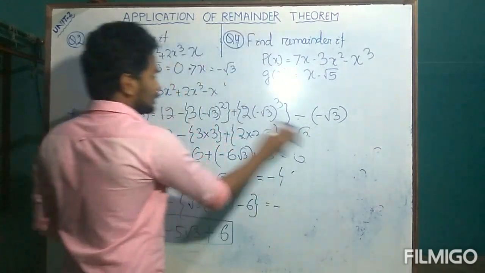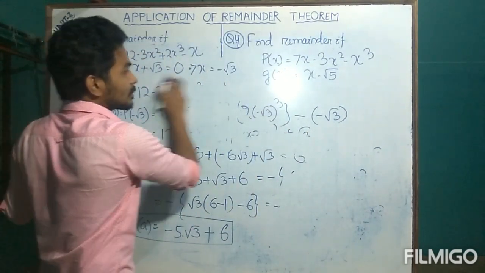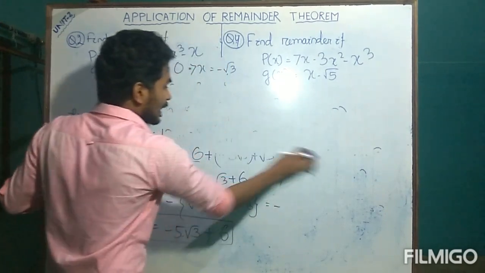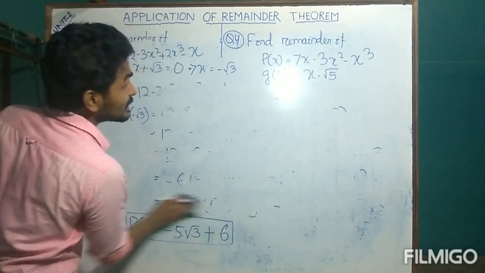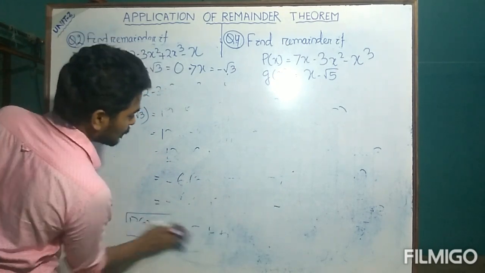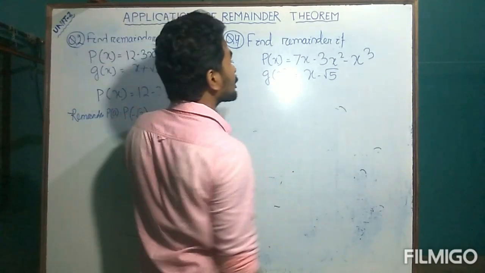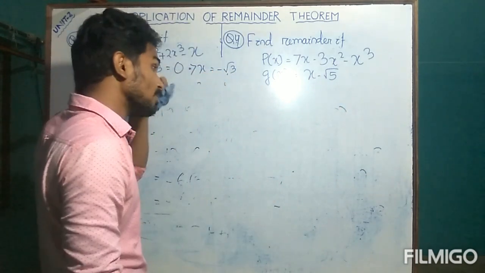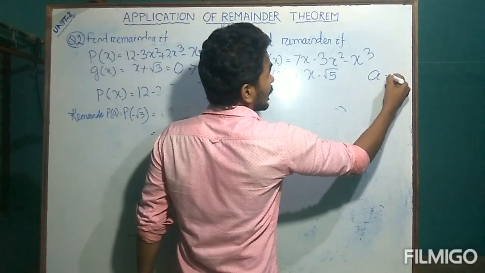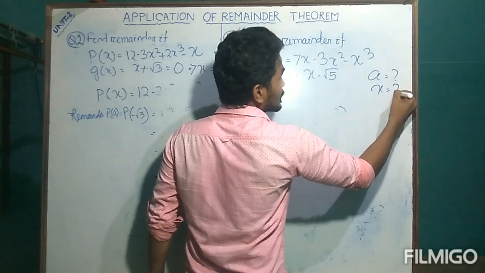Okay. So coming to the next question. In the next question we have P of x is 7x minus 3x square minus x cube, and g of x is x minus root 5. Here we need to find the value of a, or x.